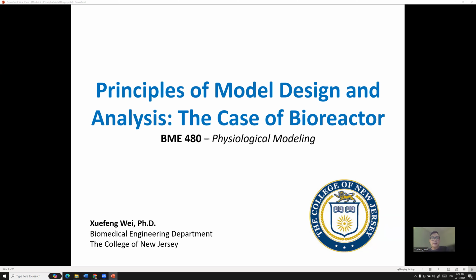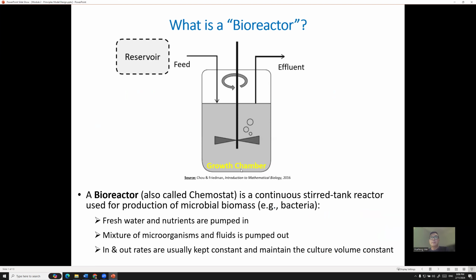So let's assume that we must design a model of a bioreactor. A bioreactor is also called a chemostat. The graph here shows the chemostat, or we call it a bioreactor.